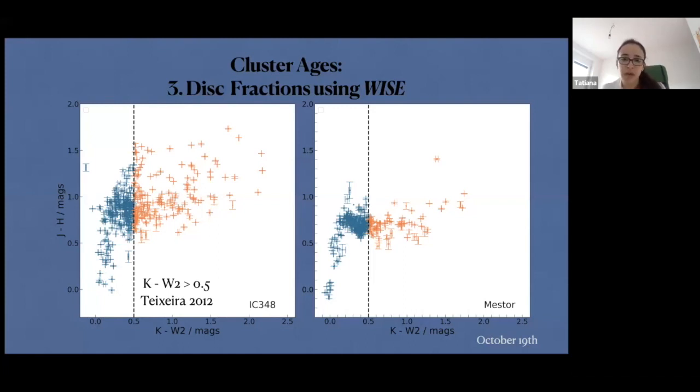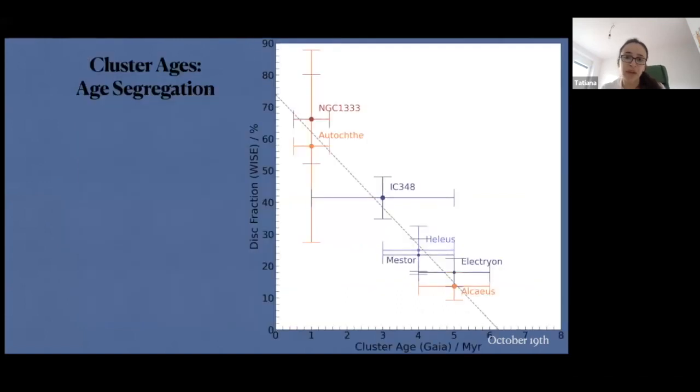And when we plot the disk fraction of these clusters from WISE data against the cluster age we get from the Gaia CMDs, we see that NGC and Autochthy have the highest disk fractions, and they're followed by IC348, which has a big range of ages again.